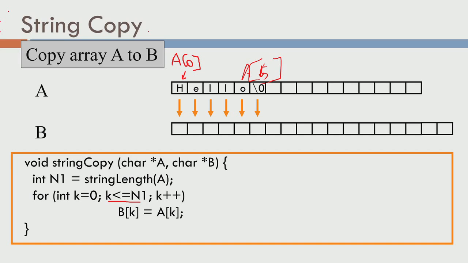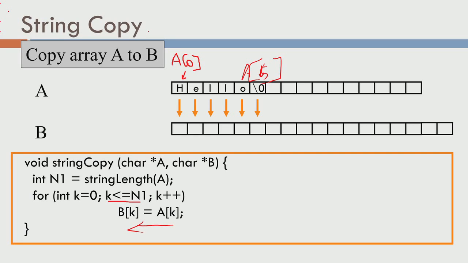So, we have these two, and there is a loop that runs from 0 up to 5 including 5, and it is copying the contents of A to B. You can see that here. We are copying the contents from A to B. So, this is a program segment which copies contents of A to B.